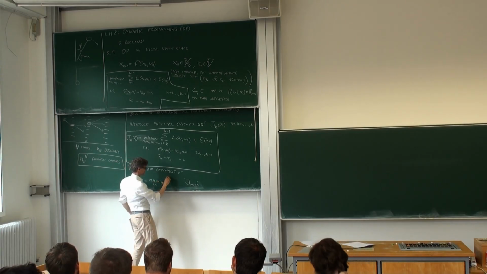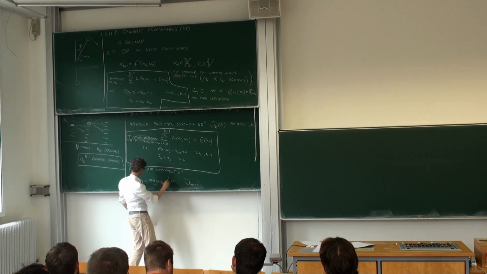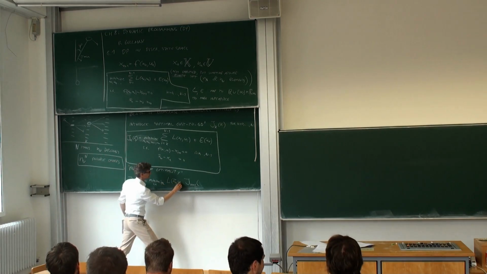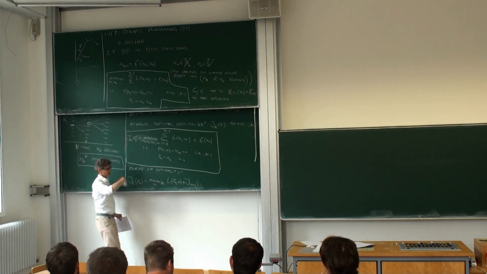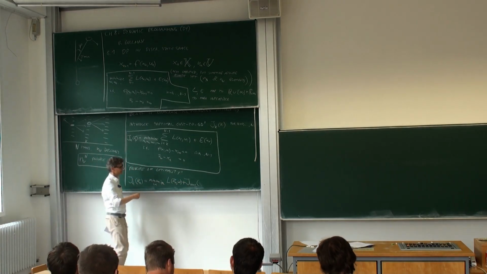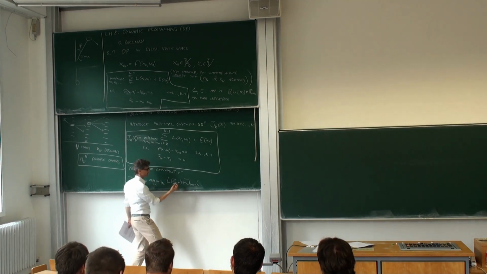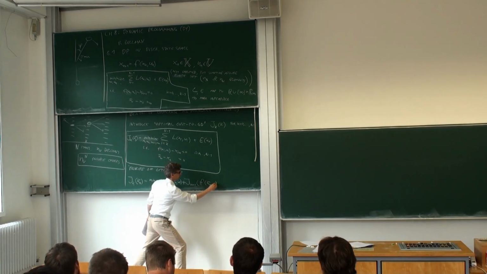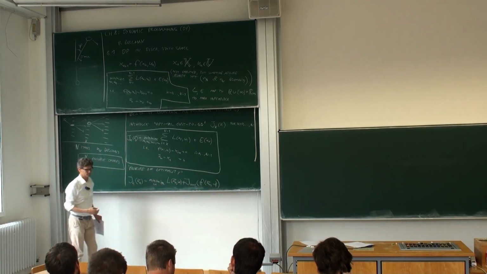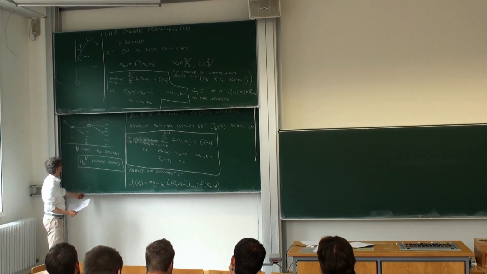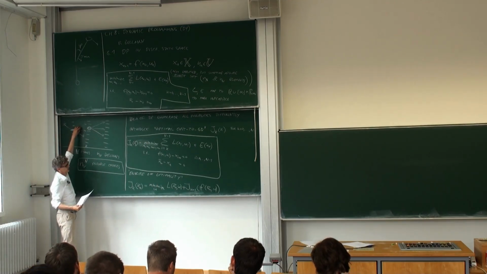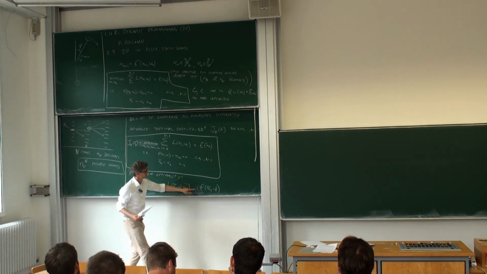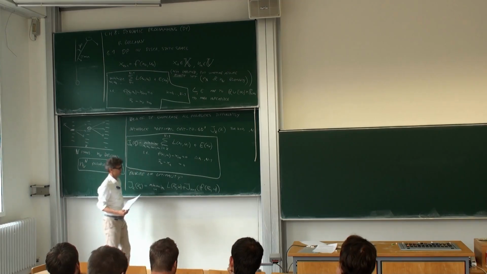I plug it also into this cost, L will just be x bar k, that's not an optimization variable, and the u that I don't know, and I add to it the cost to go, which will be evaluated at the state where I would be if I choose a certain u. So that is the f evaluated at the same point as the L. So I will have the stage, the transition cost, so to say, plus the cost to go from that moment on if I would move to a certain point.